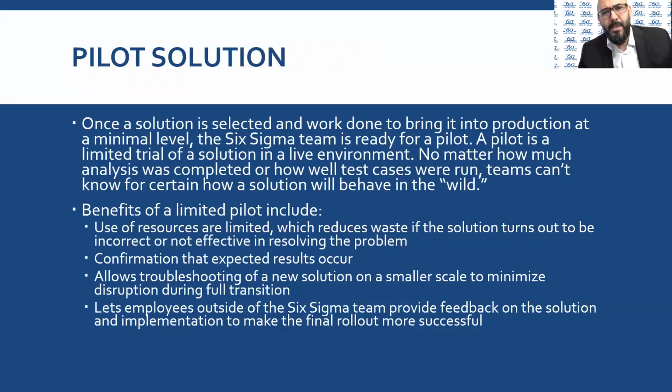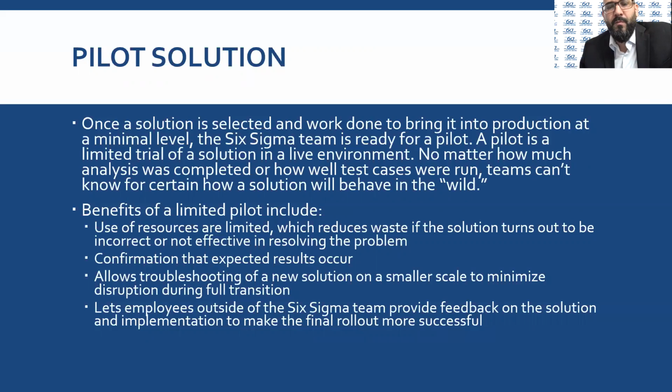Once you implement a small trial, you could collect feedback, troubleshoot the issues that you've seen, improve on it, and then minimize disruption for the full transition. Number 4, it lets employees outside of the Six Sigma team provide feedback on the solution and implementation to make the final rollout more successful.